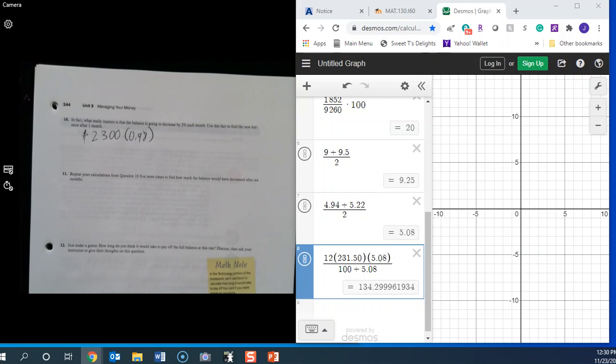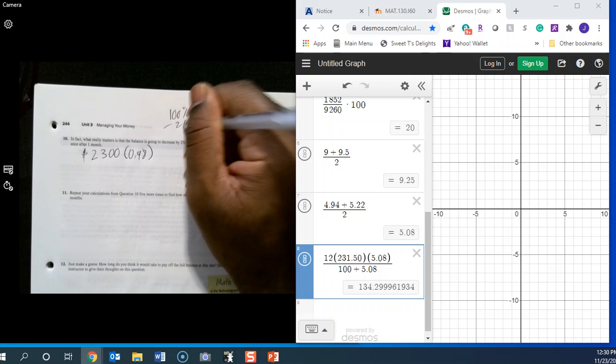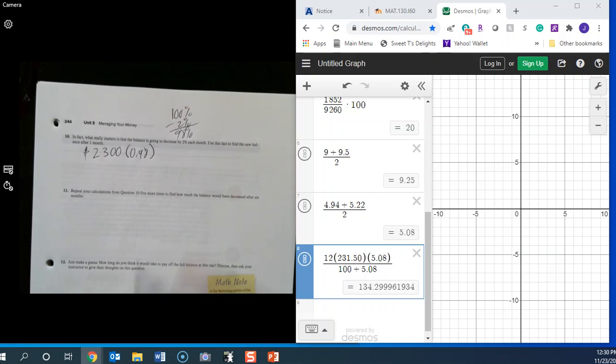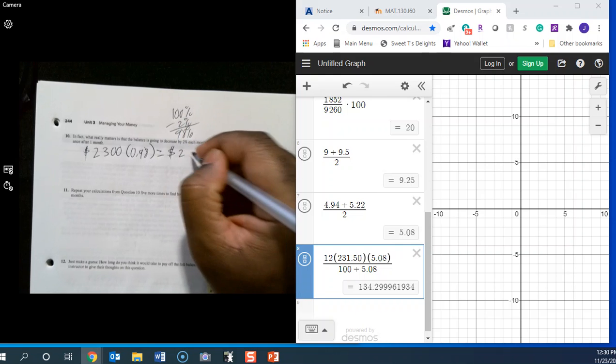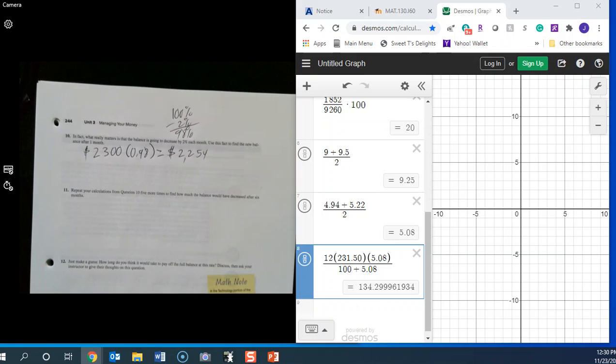Because if it didn't go down at all, we'd still owe $2,300. But it's going down by 2%. So it'll be 100% minus the 2%, which is 98%. And that's how we get this value. When you put this in your calculator, it'll leave you $2,254 after that first month.